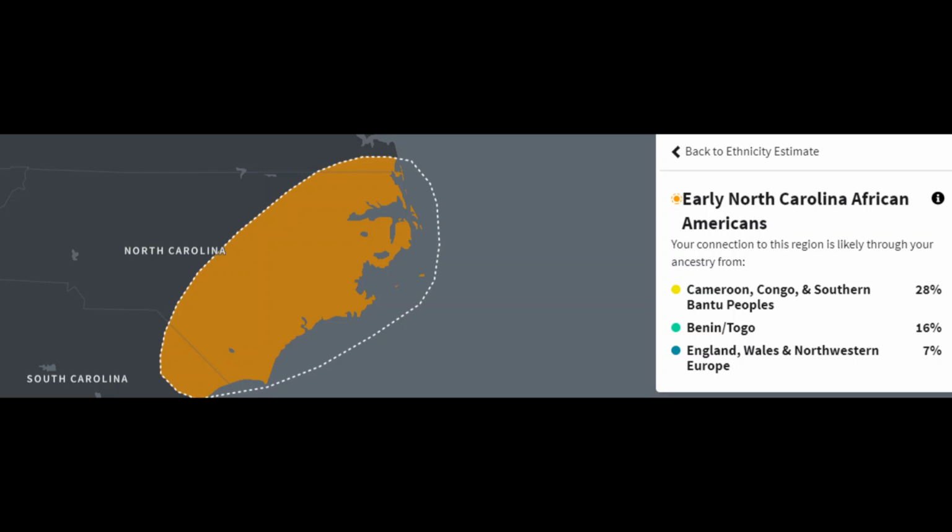So the first community that it says I'm a part of is the early North Carolina African Americans, and it says that the connection is likely through Cameroon, Benin, and England. On my father's paternal side, they're all from North Carolina, like Bladenboro, up in that area.